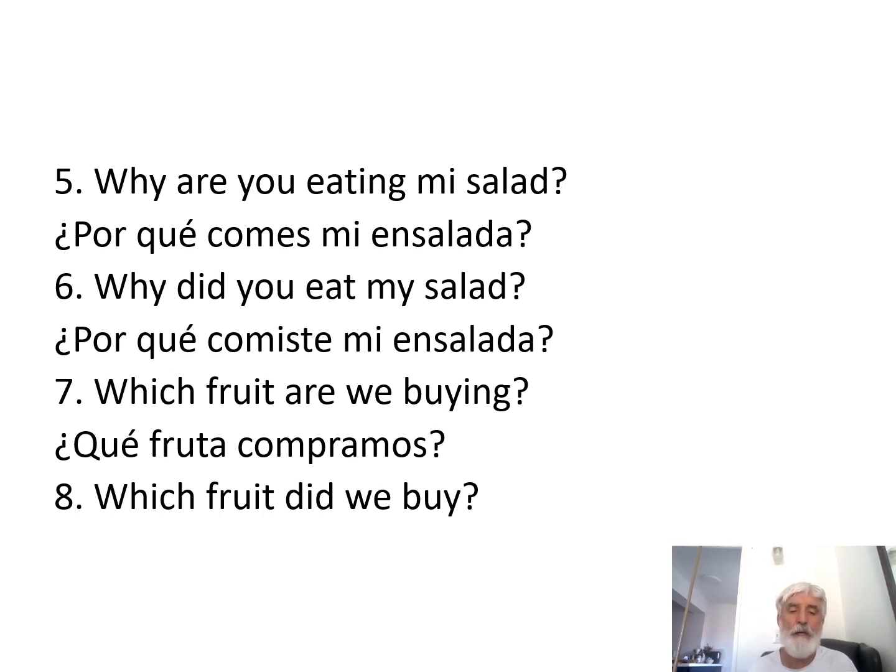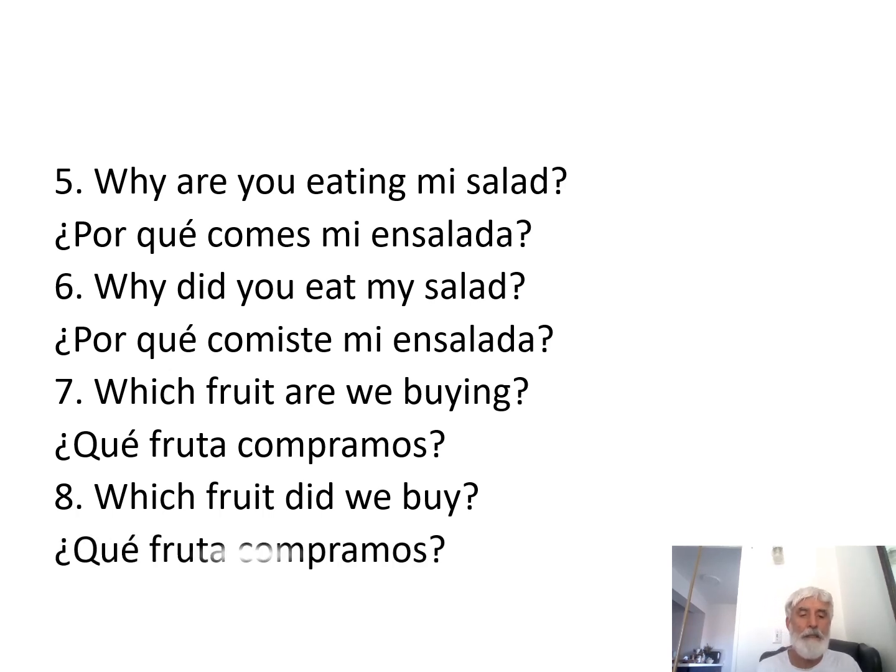The stem is compr. What is my preterite ending for nosotros? It's exactly the same. So, ¿qué fruta compramos? They both mean it. It just depends on context. ¿Qué fruta compramos? What fruit are we buying right now? You might be in a store, or someone might say to you, anoche, last night, ¿qué fruta compramos? What fruit did we buy?